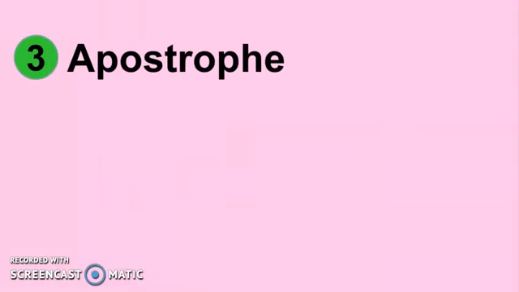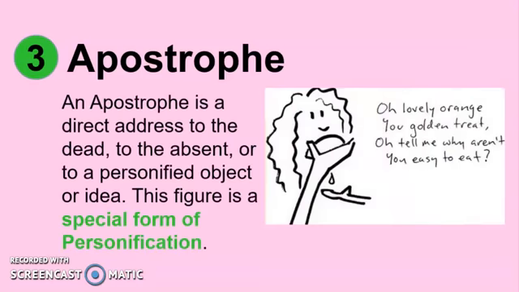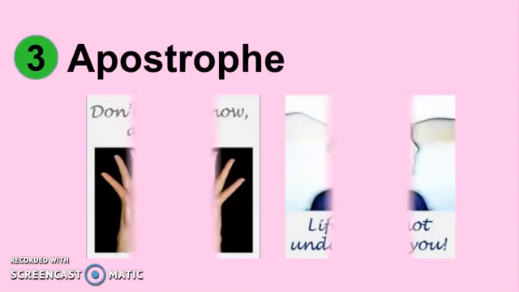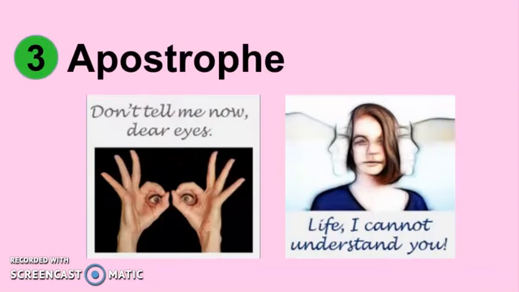Now we have apostrophe. An apostrophe is a direct address to the dead, to the absent, or to a personified object or idea. This figure of speech is a special form of personification. Say, for example, we have these examples.